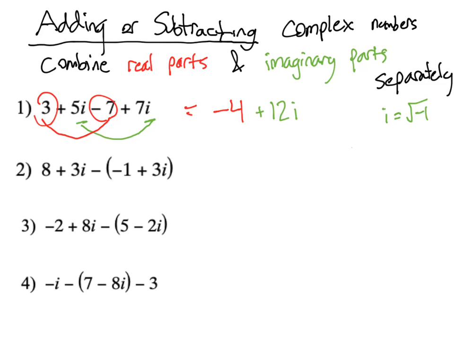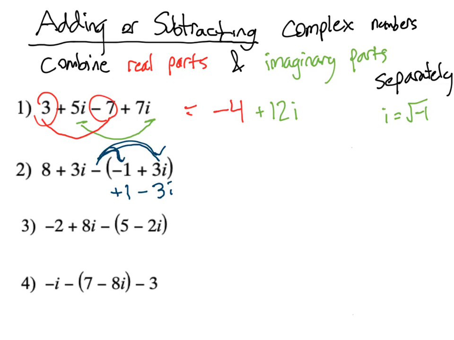If we're subtracting one complex number from another, as we see in example 2, remember that a negative sign outside of parentheses needs to be distributed to both of the terms inside of the parentheses. So negative times -1 becomes +1, and negative times +3i becomes -3i.